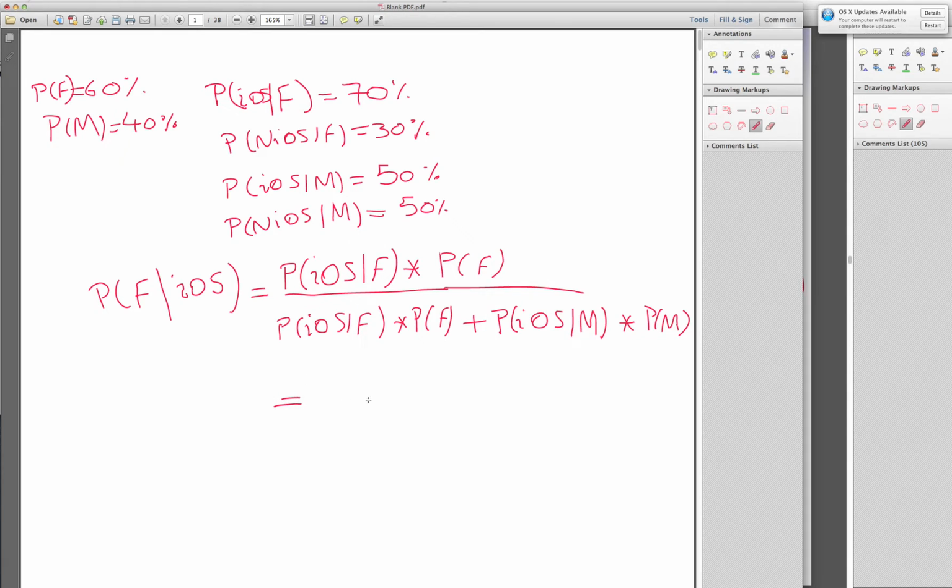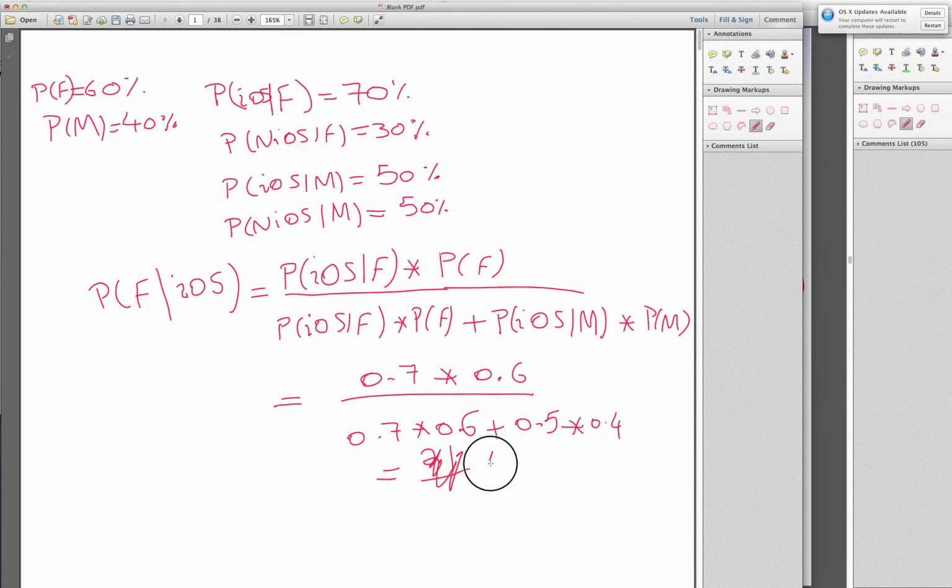So iOS given female was 70%, so 0.7. Probability of being female was 0.6, divided by 0.7 times 0.6 plus iOS given male, which is 0.5, times 0.4. So if we do the math, that will be 42 divided by 42 plus 20, which is 62. So it's 21 divided by 31.